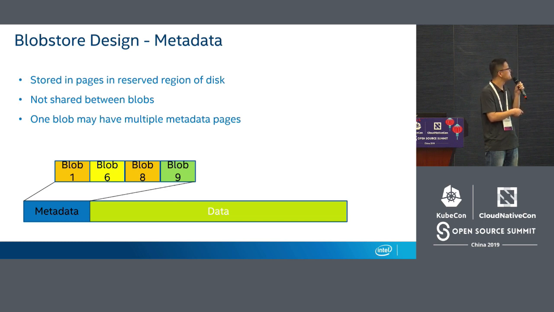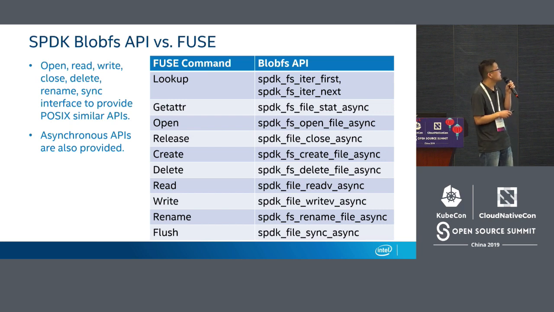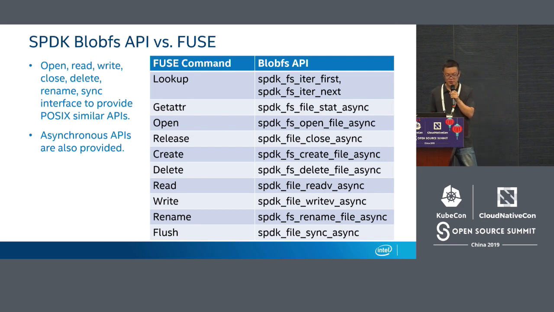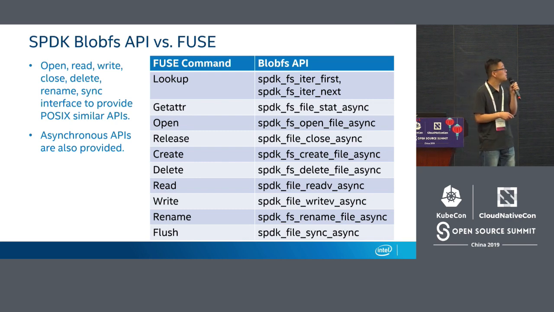I'll quickly go through this because these are very detailed. So this is about the tables. For Fuse, there are different kinds of requests, and for Blobfs, different kinds of APIs, so you can correspond them together.